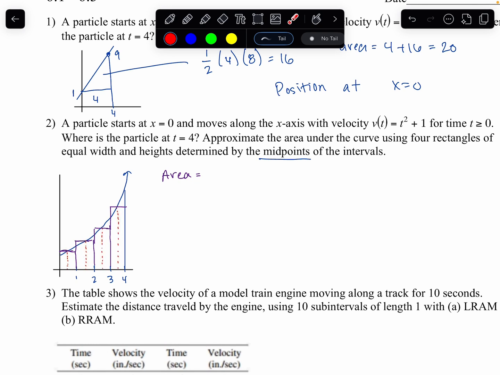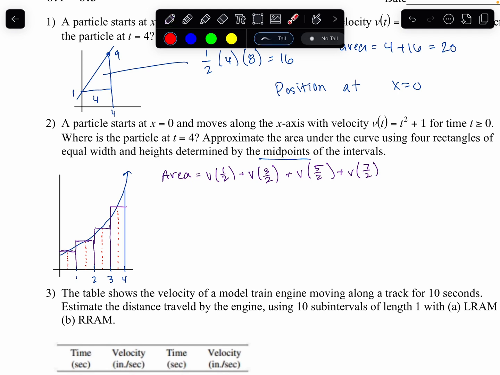So the area is going to be v of 1/2 plus v of 3/2 plus v of 5/2 plus v of 7/2.